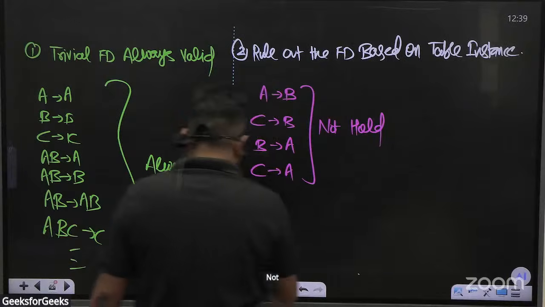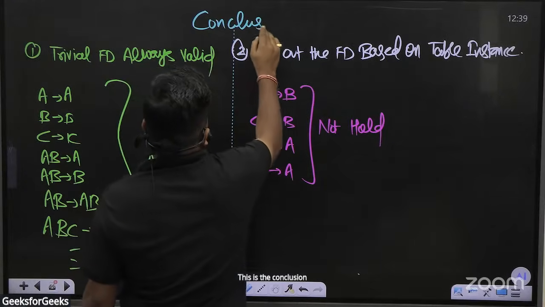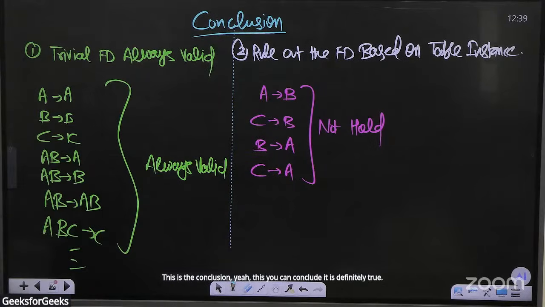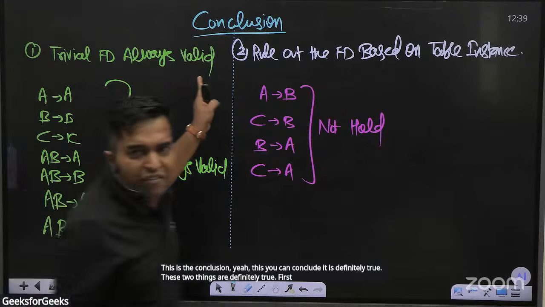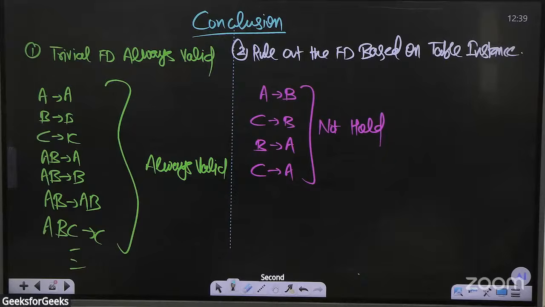This is the conclusion. These two things are definitely true. First, trivial FD always valid. Second, this one never, ever satisfies for this question.